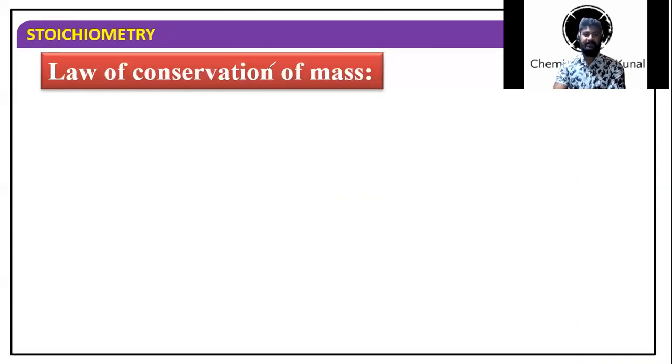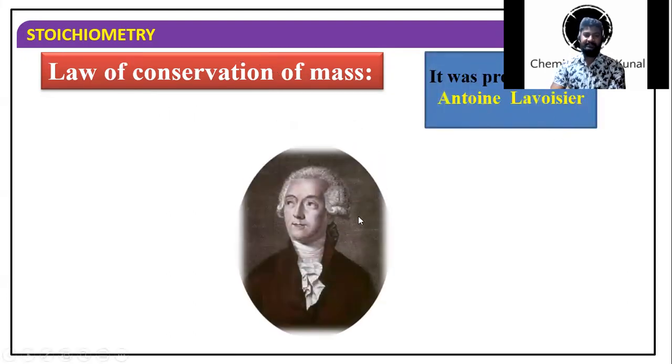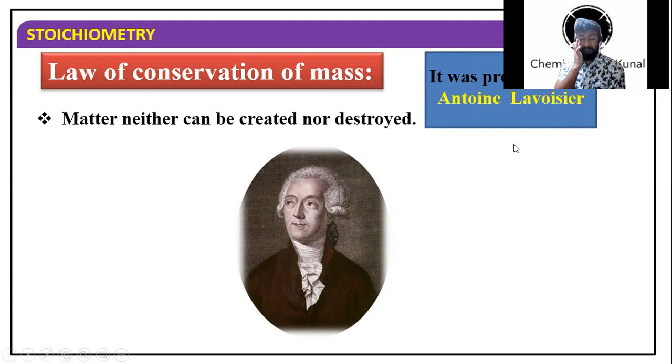Conservation basically means the mass cannot be destroyed or created. That's what it means, right? See, the statement was proposed by the scientist Antoine Lavoisier, and he said that matter can neither be created nor destroyed, meaning we cannot create matter.